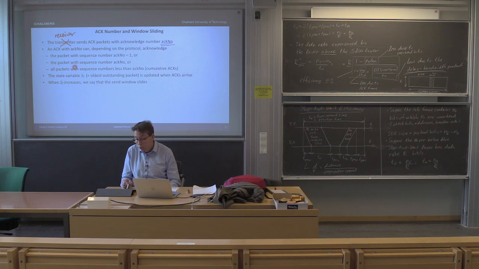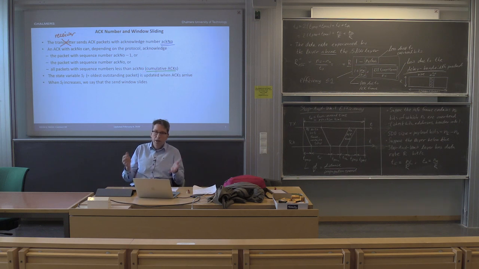Or it can acknowledge the packet with the sequence number ACK-no, exactly that. Or all packets with sequence number less than ACK-no, and this is called cumulative ACKs. Actually, we will use all three of them, but today we will use this one.